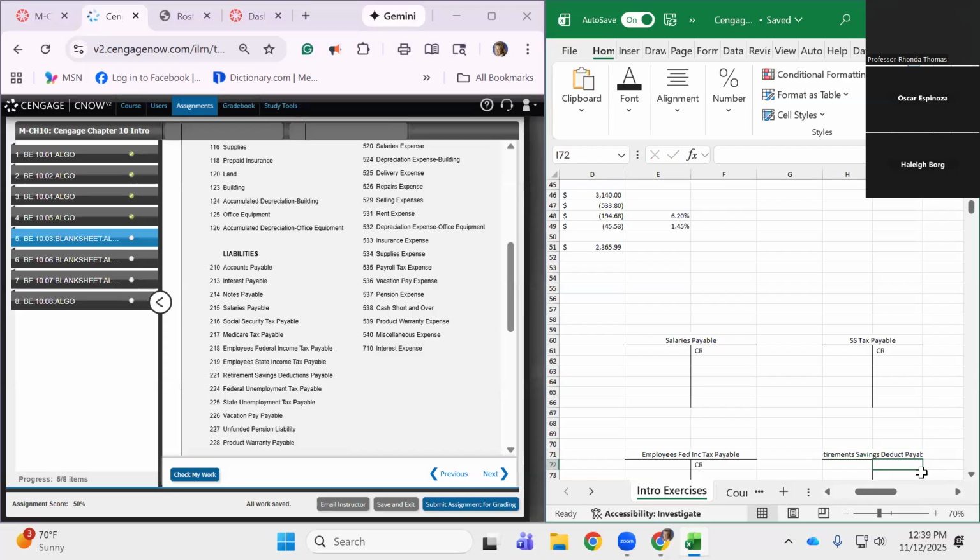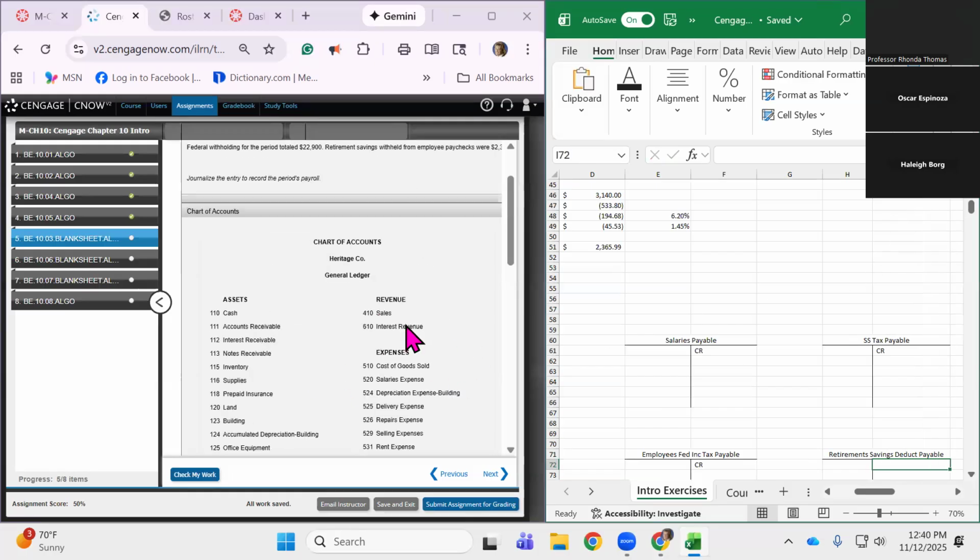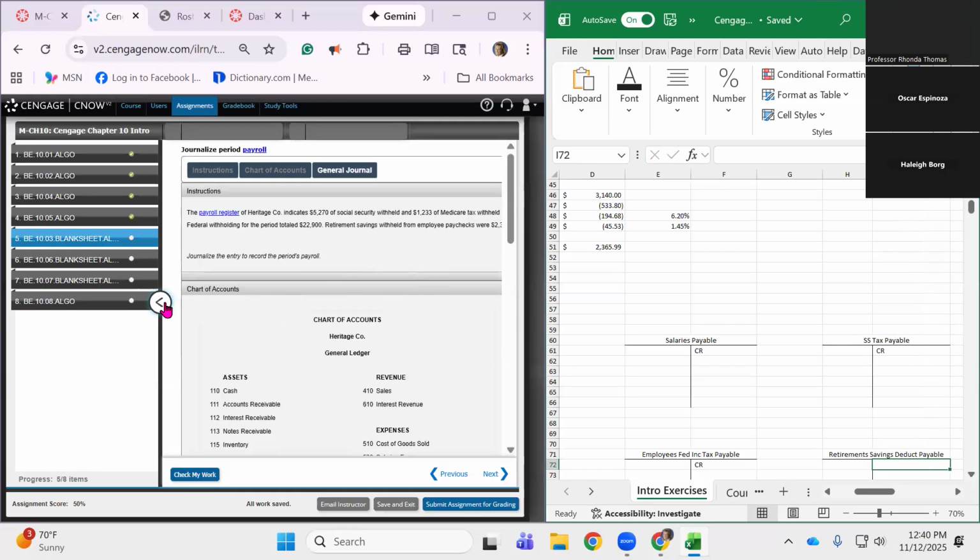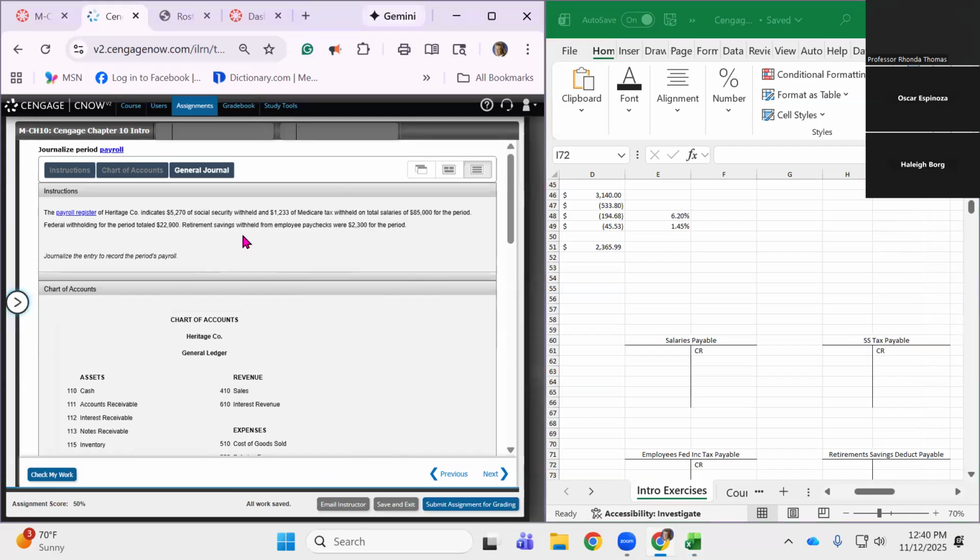It's going to have a credit balance. It just so happens, I don't think we have any problems that talk about a state income tax payable, but that'd be another one. So there's a lot of payables involved with payroll.